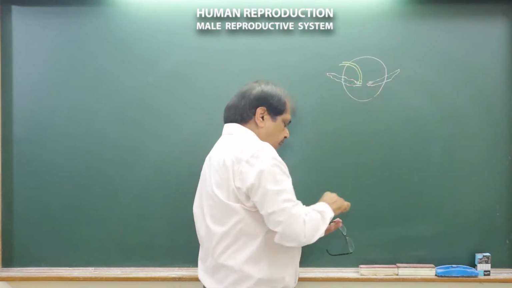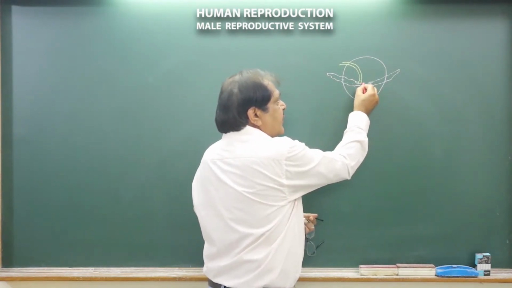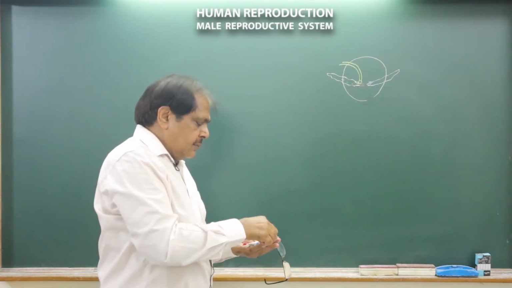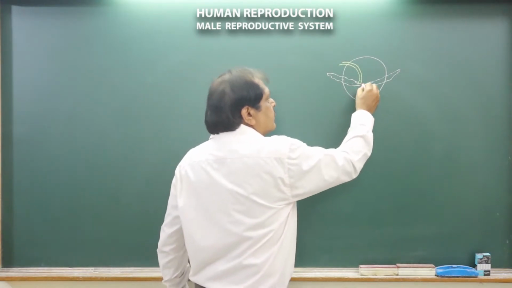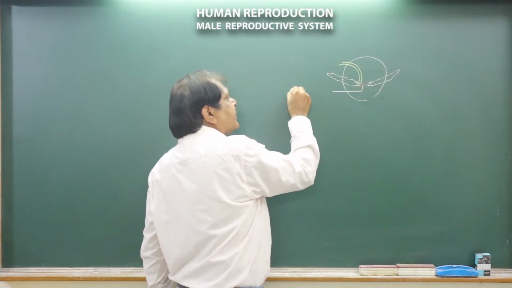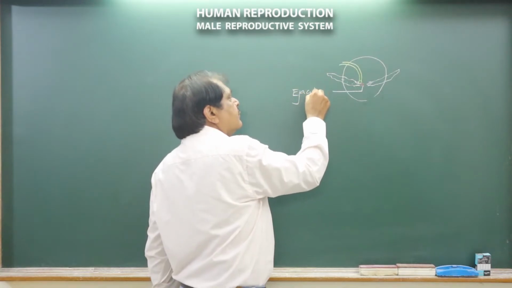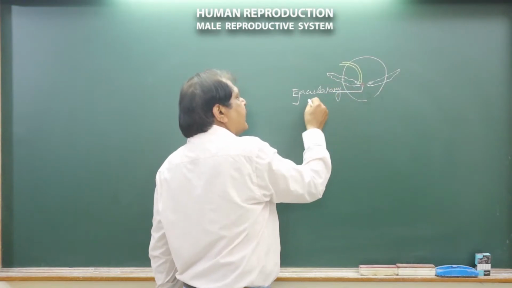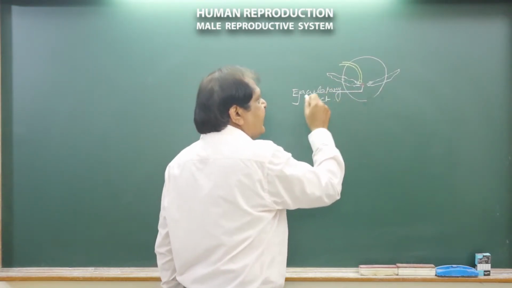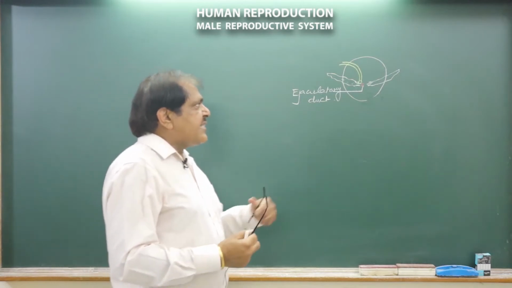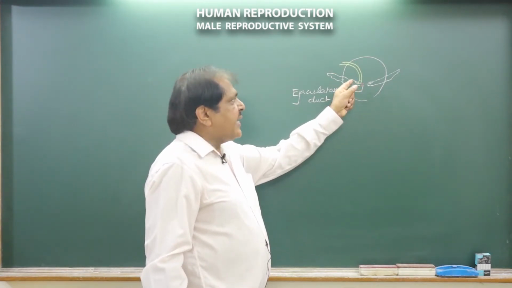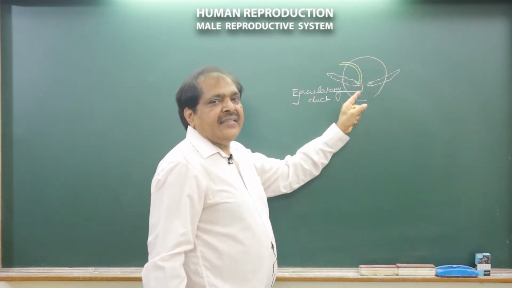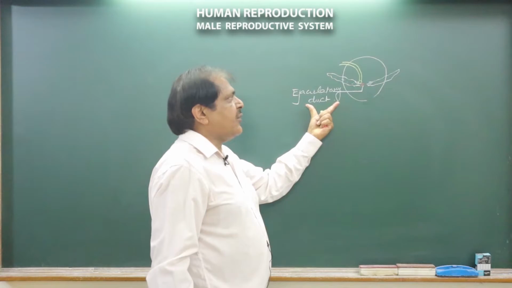They collectively form what? The ejaculatory duct. Again, vas deferens and the seminal vesicles duct, they combine with each other to form a duct, that is ejaculatory duct.